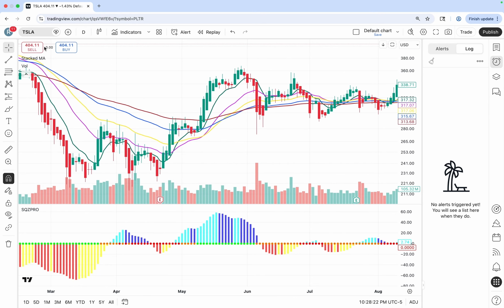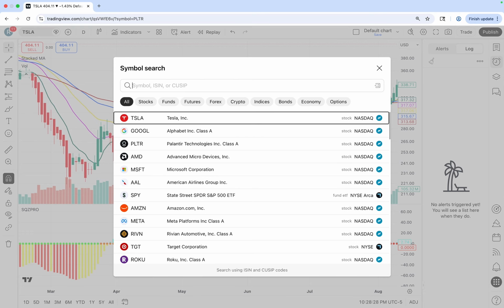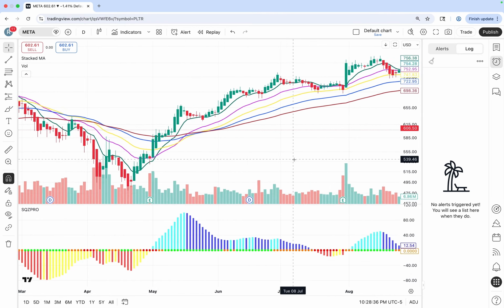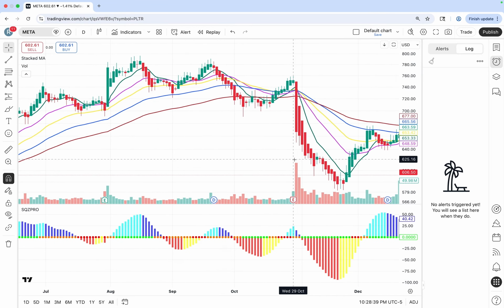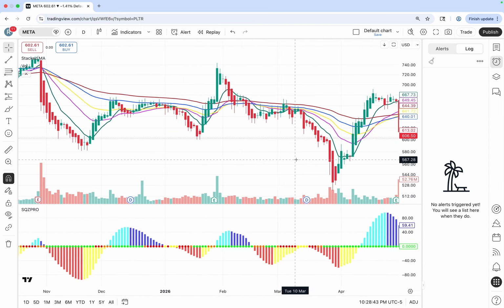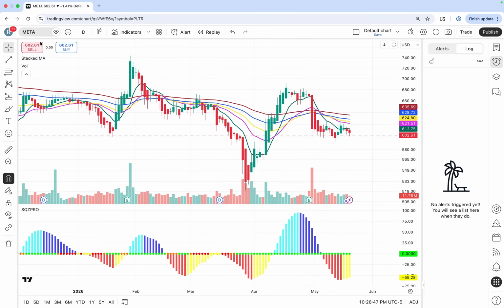So let's look at another stock. Let's look at, what do we want to look at? Let's look at Meta. And actually, I did say we can do this on any time frame.